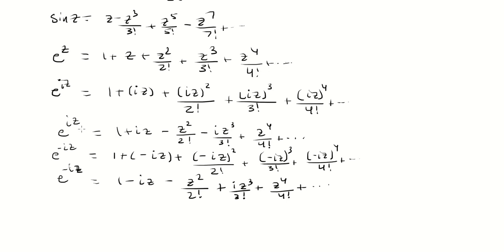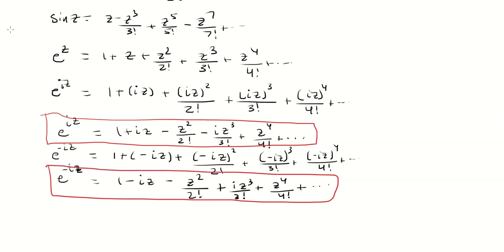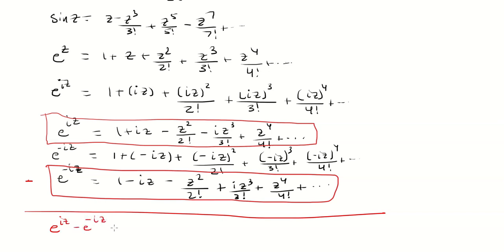So then we're going to subtract e to the iz with e to the negative iz. So when we subtract these, we have e to the iz minus e to the negative iz. The ones are going to cancel. iz minus negative iz is 2iz.